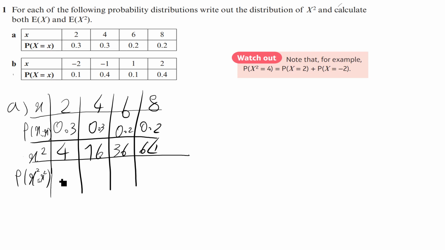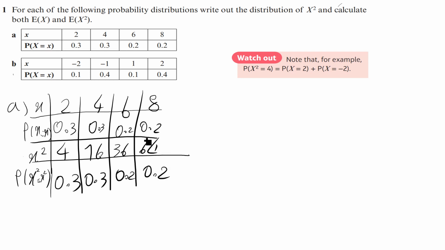And the only thing you need to be aware of is that the probabilities are the same no matter what the value of x is. For example, here x is 2 and here x squared is 4, still the probability is the same. So here will be 0.3. Again, here the probability is the same, 0.3, 0.2, and 0.2.